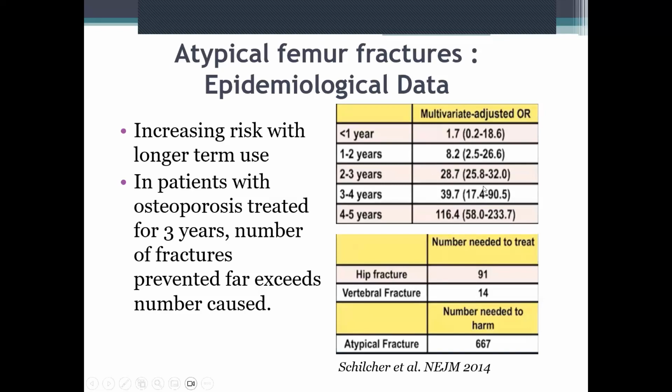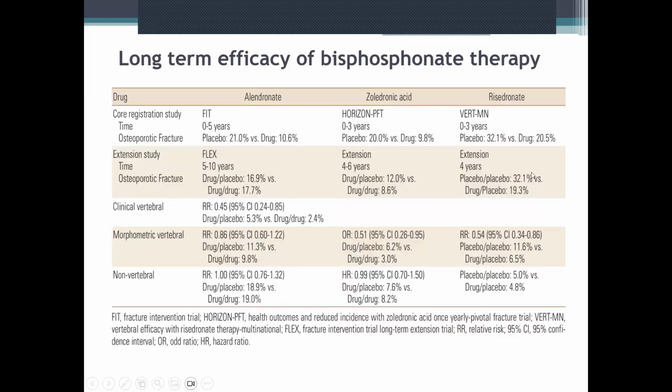Most patients tolerate oral bisphosphonates well for up to 10 years. So when you talk about long-term efficacy of bisphosphonate therapy, look at alendronate, zoledronate, and risedronate. This is the data from the fracture intervention trial and the extension trial for up to 10 years.